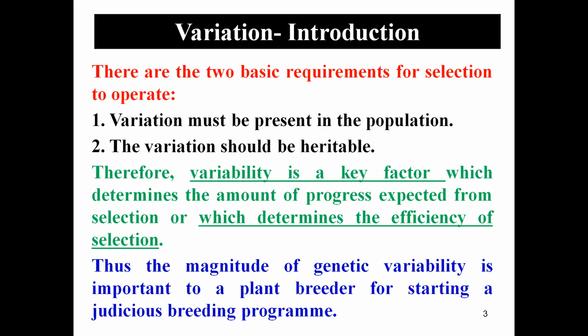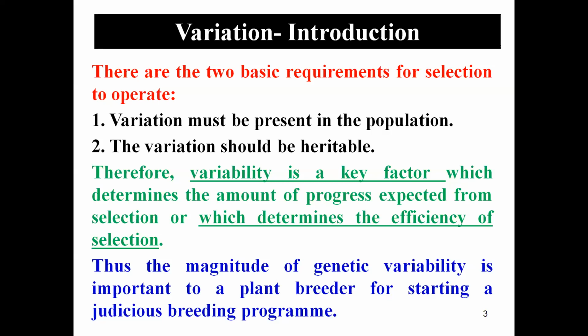So variation must be present in the population, and that variation should be heritable also. Although you may notice variation in the population, it may be due to some environmental factor that is not worthwhile. So variation should be heritable, it should be genotypic in nature.